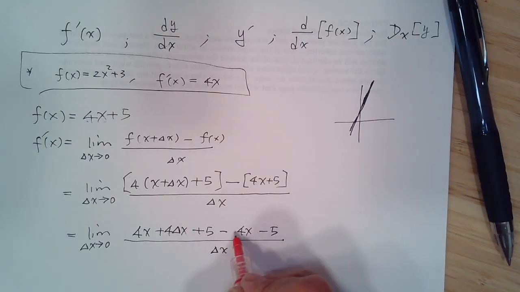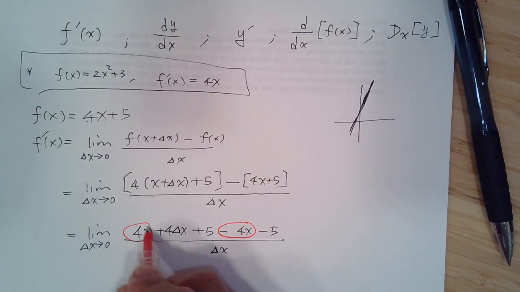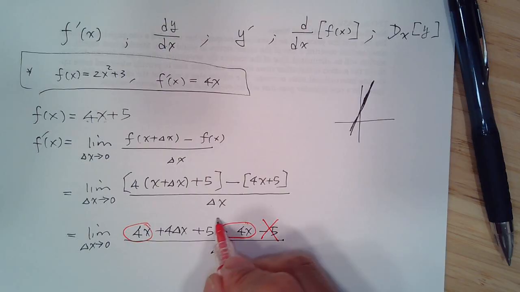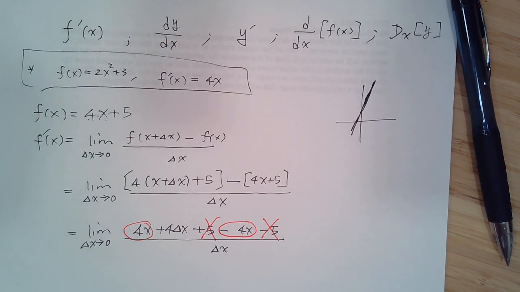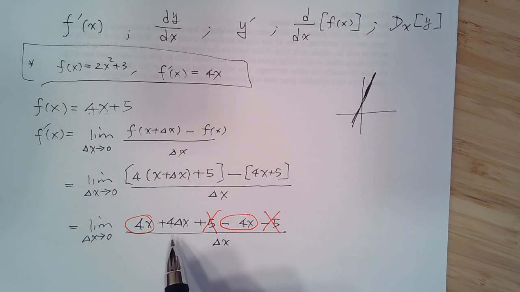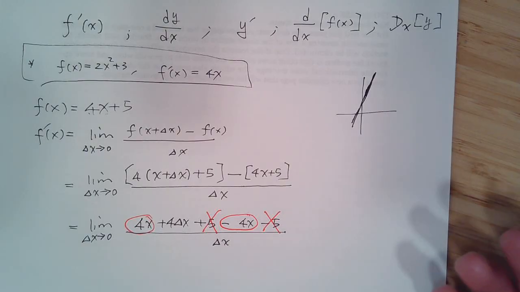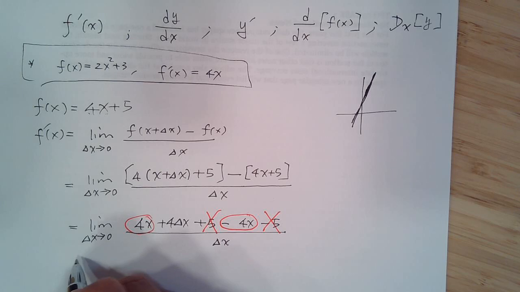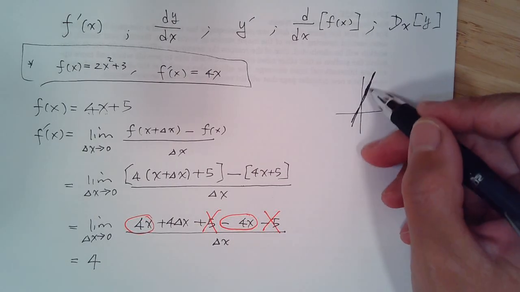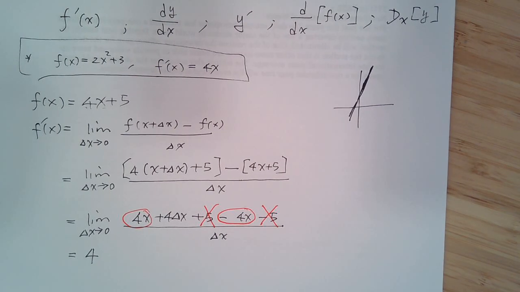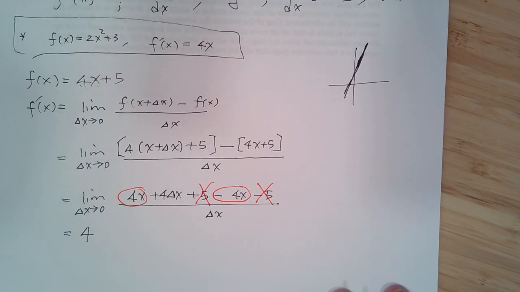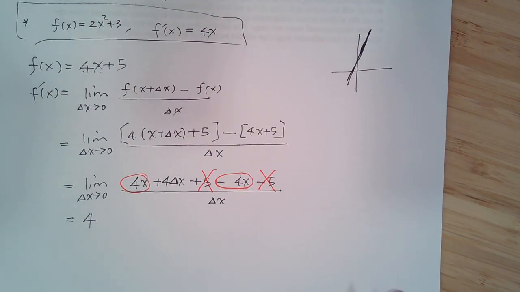Now I'm going to cross out this 4x, and cross out this 5, right? So I only have a 4 delta x left. Divided by delta x, I should get a 4. It has nothing to do with delta x, so it's always a constant 4. So f prime is 4. This is easy, and that also agrees with what we talked about a little earlier, right? So we can find the slope there, or we find the prime, or we find the derivative.